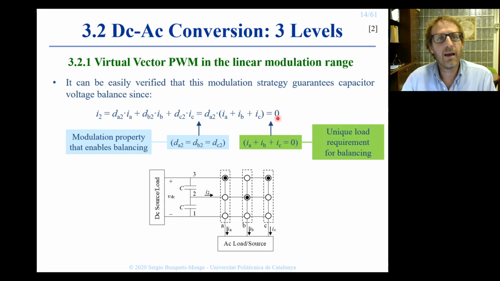Therefore, we get a value of the neutral point current equal to 0.